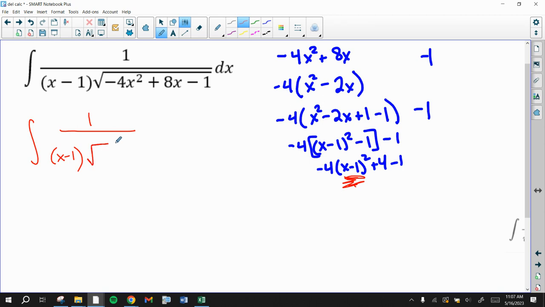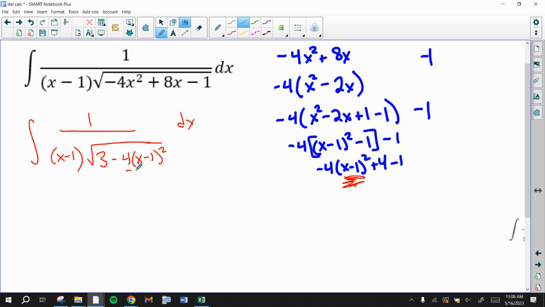And the square root of 4 minus 1 is 3, minus 4 times x minus 1 quantity squared. So that looks like my u is going to be, take care of the 4 times x minus 1 squared, and 3 is going to be the a squared. So I think we're ready to go. This looks like it will be one of those arc functions. So let's take care of the u substitutions first and see what happens.